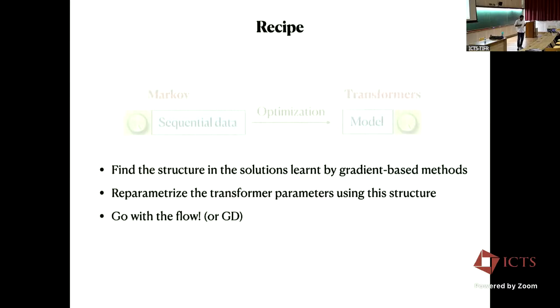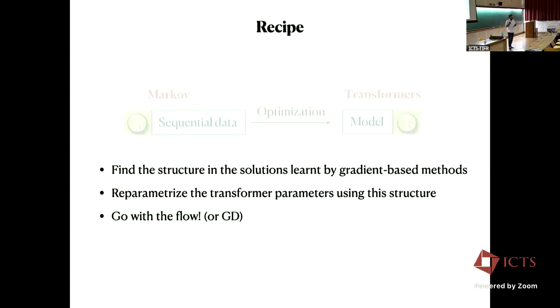The overall recipe for this part of the analysis is that we first observe empirically, if you run gradient-based methods on this task, what structures are learned by these models. We use this as an inductive bias in the analysis, because analyzing the full model is very complicated.